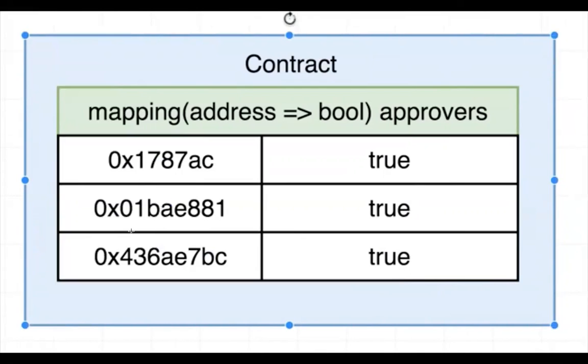True means that these addresses are contributors to the campaign. But why are we marking it as true? Why don't we default it to be false? Whenever we try to access values inside of a mapping, all values exist. And if we try to access a key we have never worked with before, we will get back a default value. In the case of type Boolean, the default value is false.